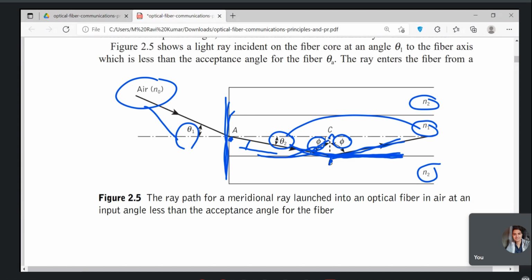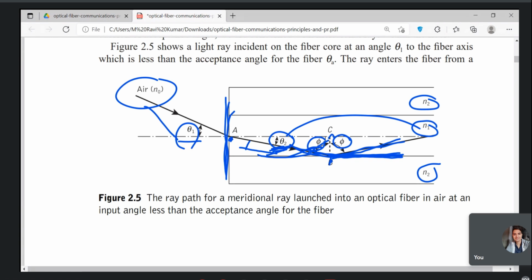At the air to core interface, we found the relationship between θ1 and θ2 using Snell's law. Based on this, we found the relationship between θ2 and phi. So when we substitute phi with phi c, we get θ2 as the critical angle at which we will have total internal reflection.